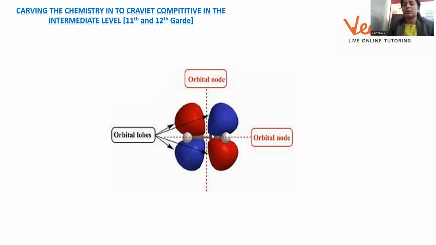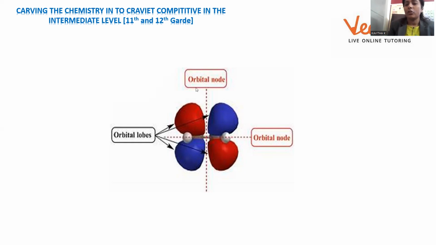If you see this double dumbbell, it is a d orbital, no? These lobes are said to be orbital lobes. In between these lobes, you can notice some void, some gap, where the electron can't be located or predicted. That particular region where the electron can't be found is said to be a node.